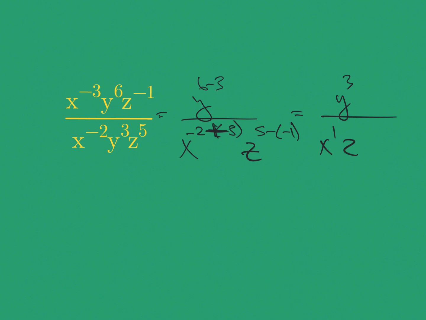And then with your z's, 5 minus negative 1 is really 5 plus 1, which is? Thank you. There it is.